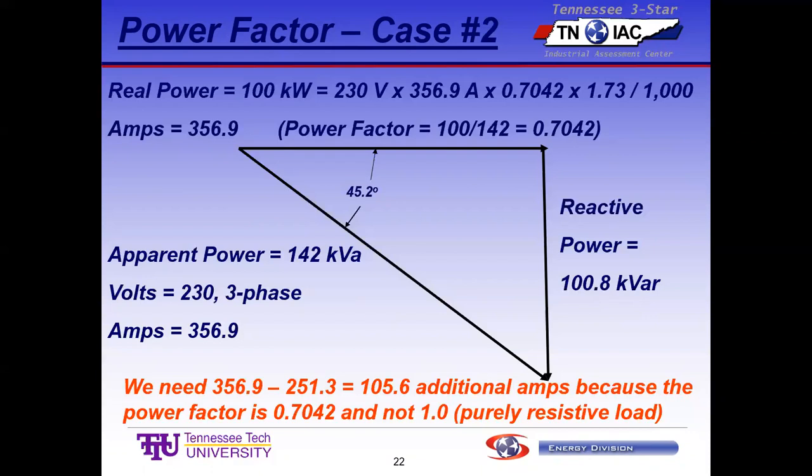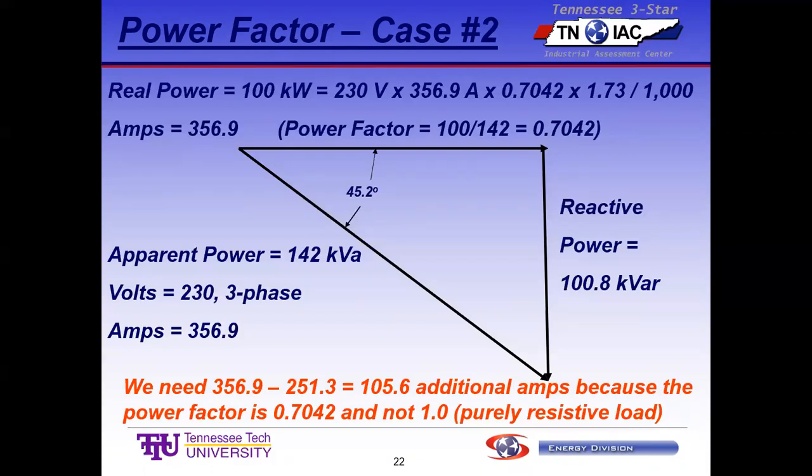And so down at the bottom in red, for this 100 kW, we need 356.9 amps minus 251.3 from the previous slide where the power factor is 1. So that's 105.6 additional amps because we have low power factor.